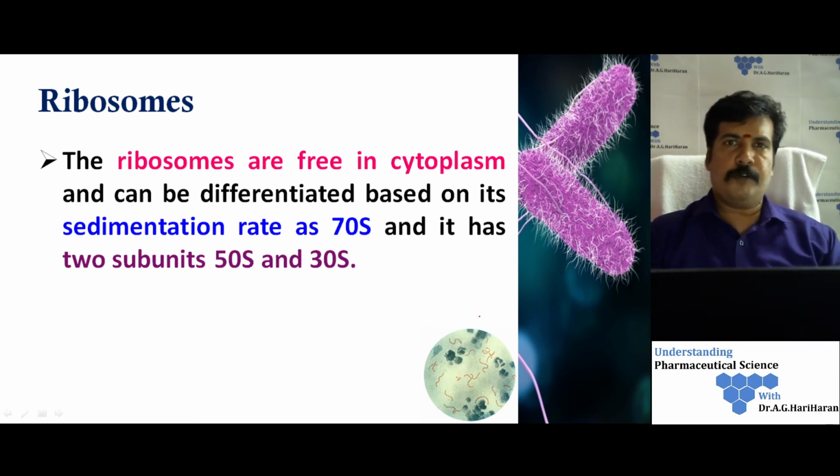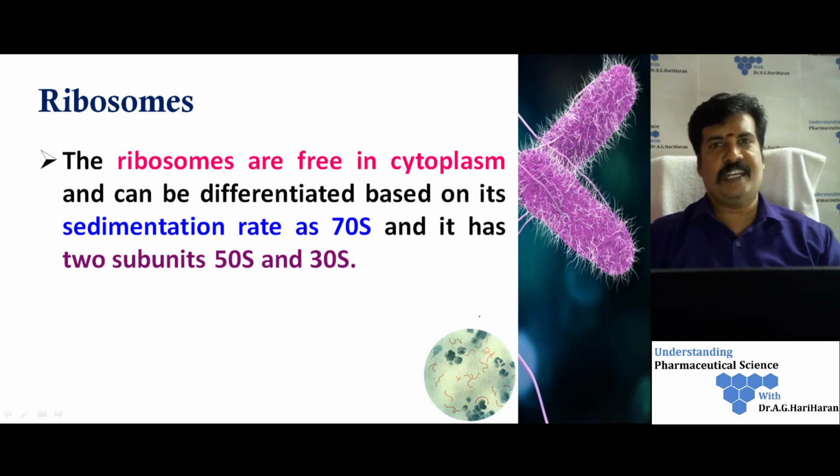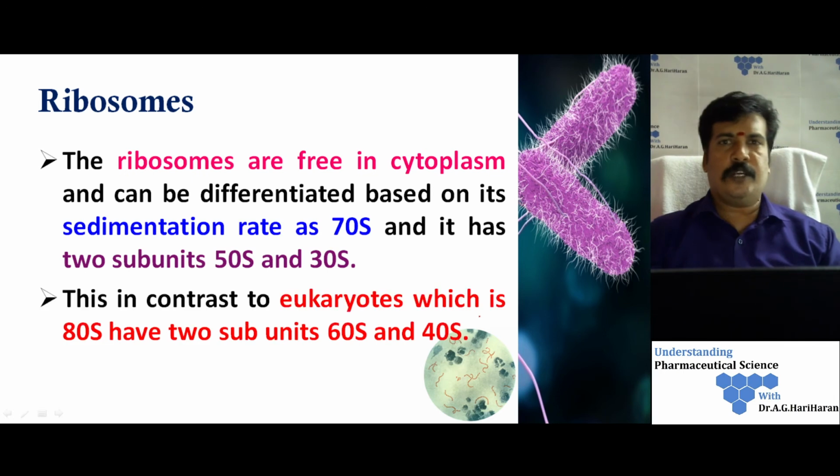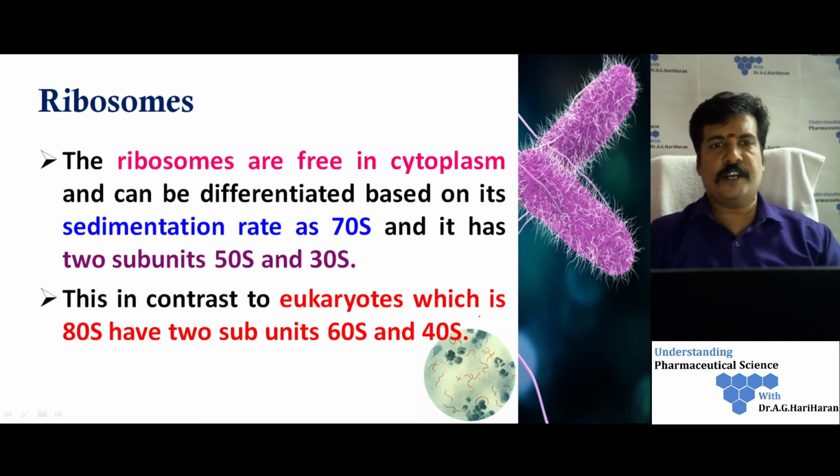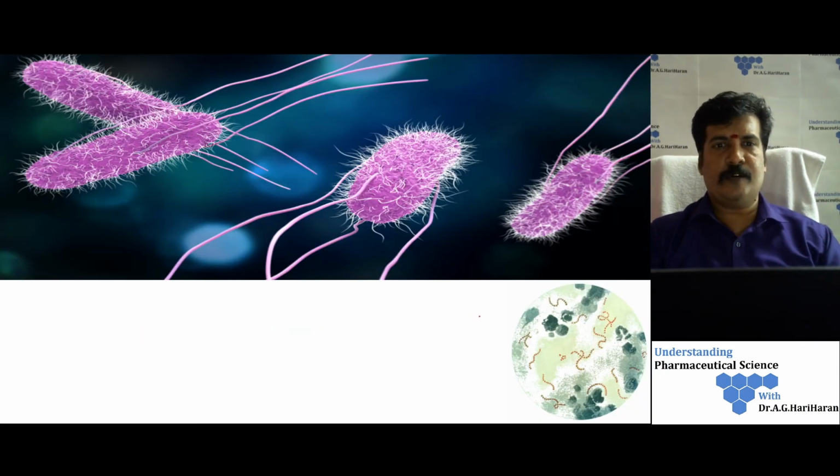The large subunit alone is 50S and the smaller one is 30S. Whereas in eukaryotic ribosomes, the total sedimentation rate is 80S. The larger one is 60S and the smaller one is 40S. This is the major difference between the ribosomal structure of the bacteria and the eukaryotes.